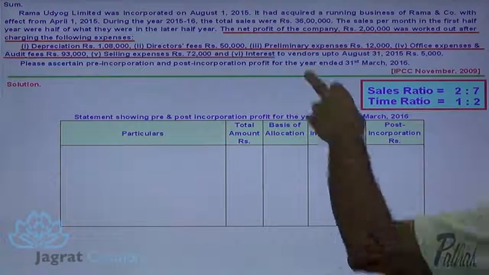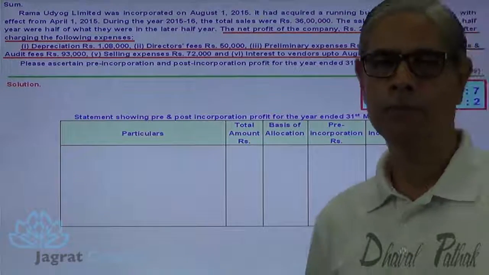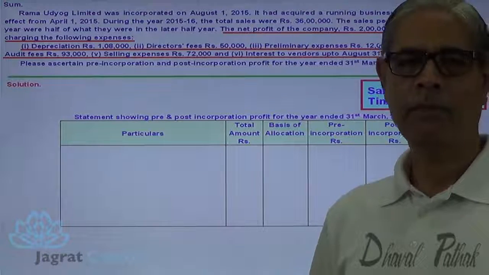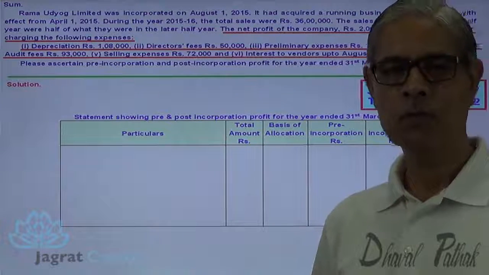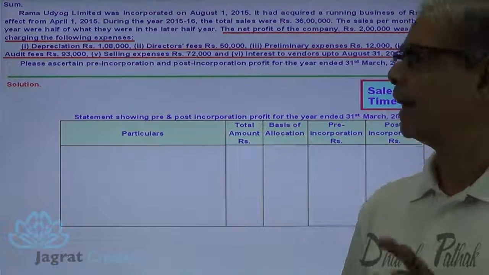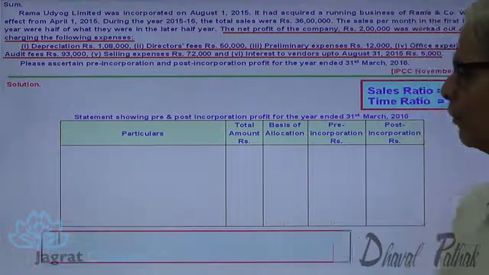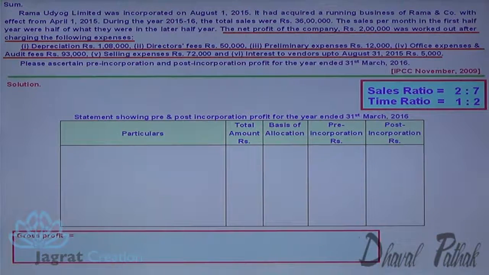First of all, net profit is given to you and these expenses are given to you. I am not given gross profit as I told to you. So first of all, I would prefer to find out the gross profit by adding all these expenses to the net profit given to me. For that, I prepare a working note.